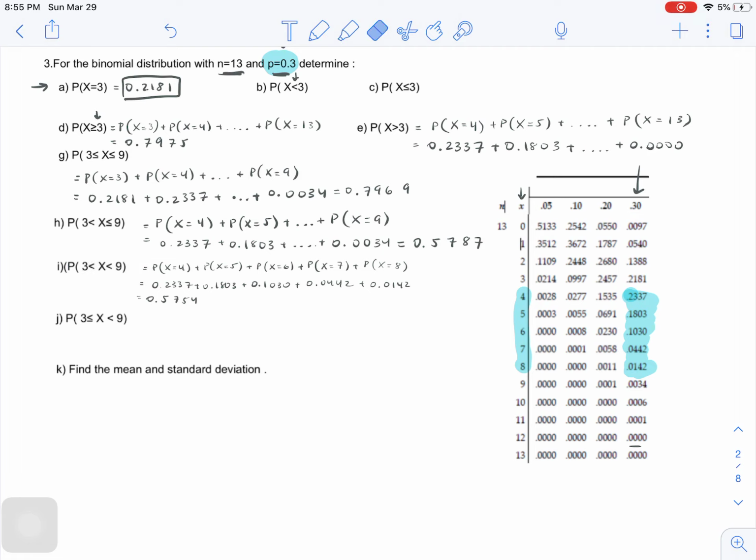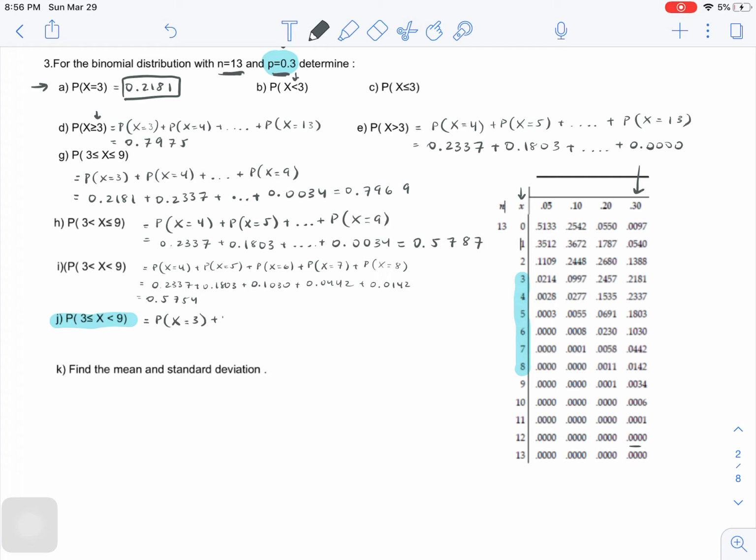All right, let's now take a look at part J. Almost there. So here, we now have a less than or equal to sign here, but not here. So we want the probability that x is greater than or equal to 3, but strictly less than 9. So this is the probability that x is 3, 4, 5, 6, 7, or 8. So I'll write that out.